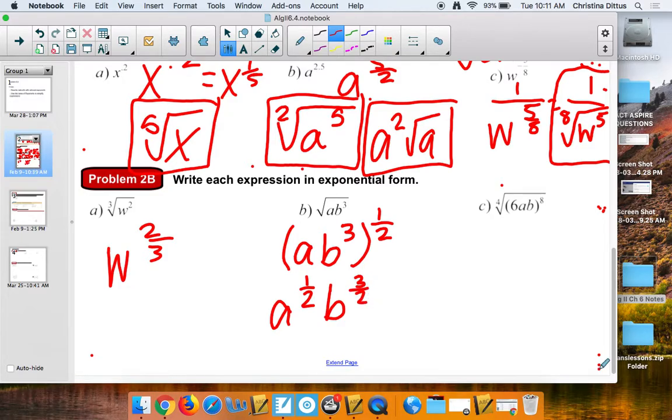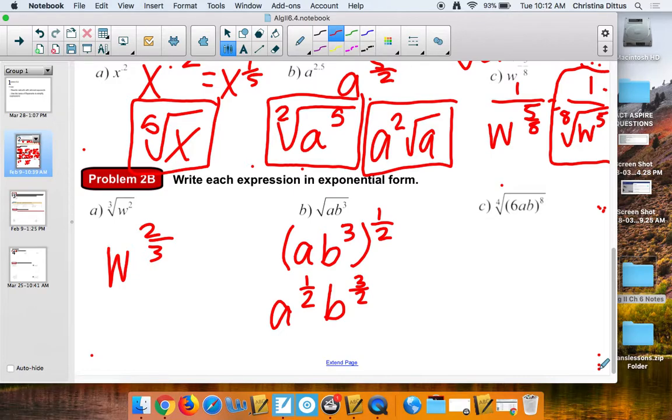Right, 3 times 1/2 is just 3/2. Questions there?